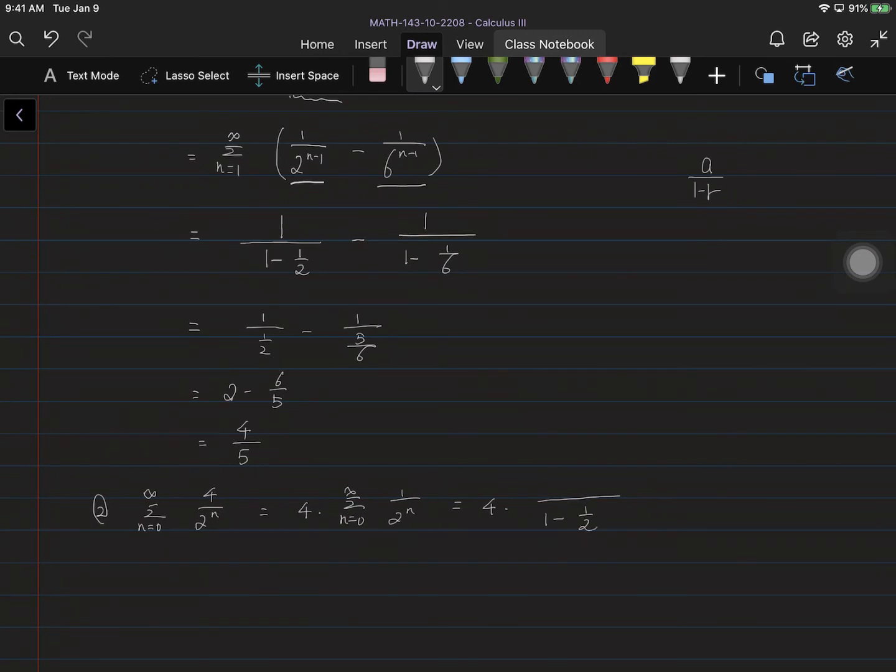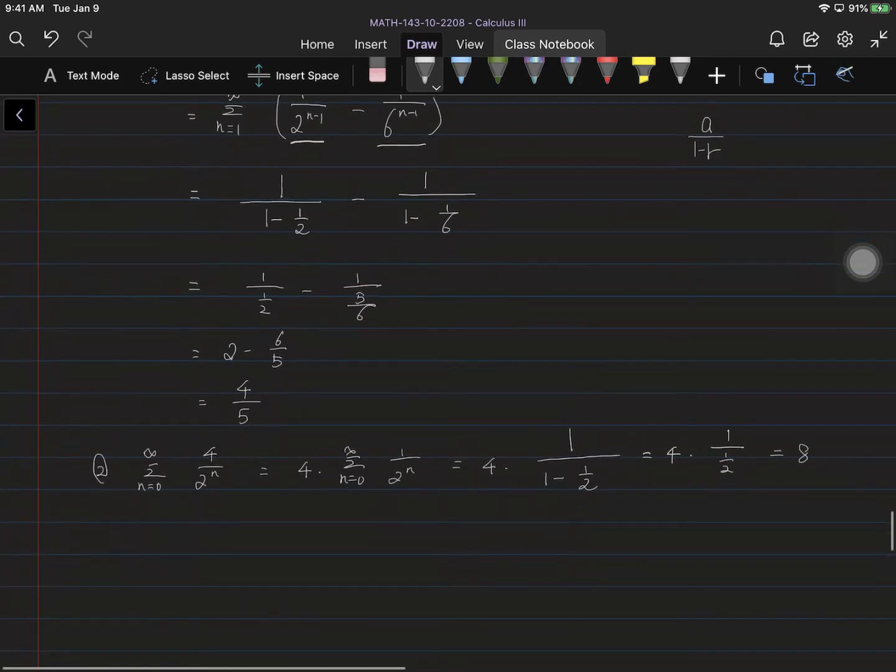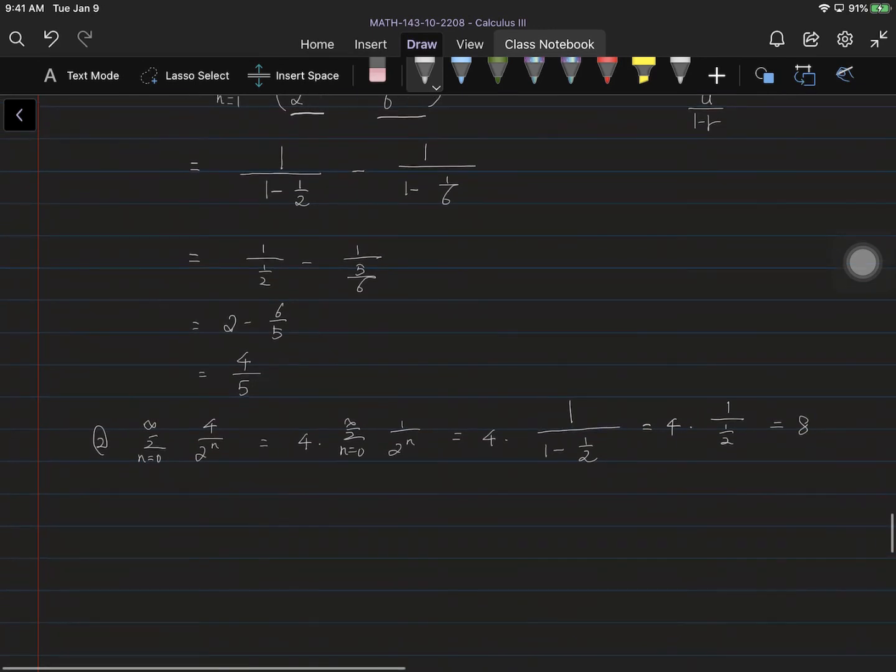What is the first term? Plug in n as 0. When we plug in n as 0 into the series, the first term a is 1. The final answer should be 8. 4 times 2. Right. Exercise problem.